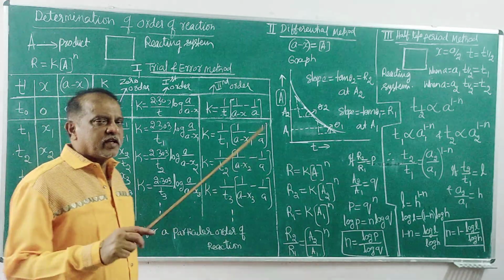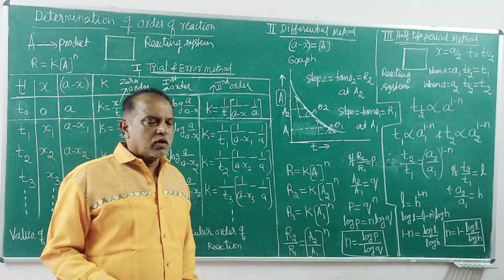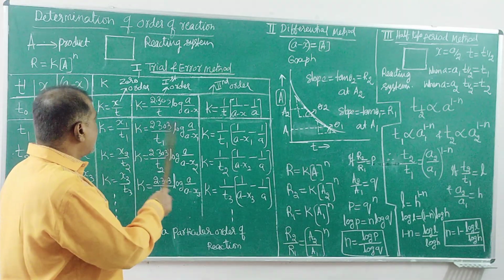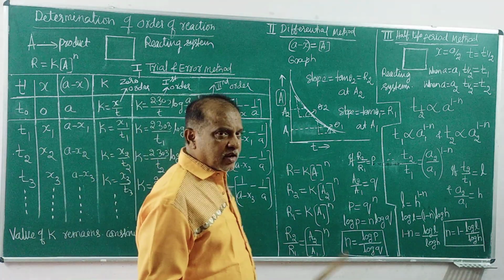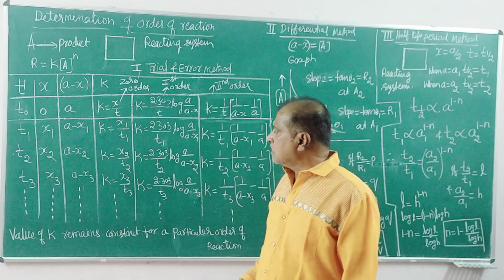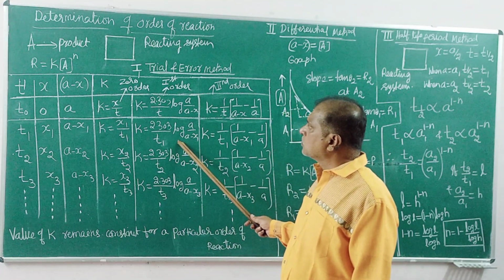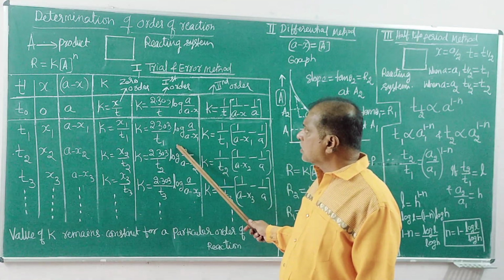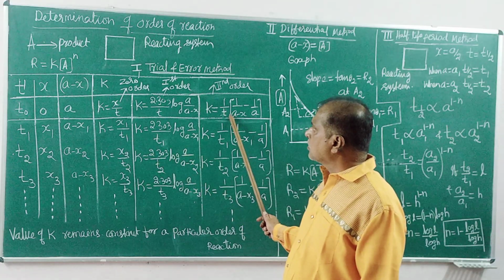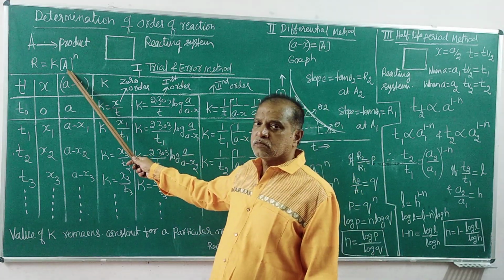It is a trial and error method. You have to take different equations, calculate and check, and find out which equation the reaction obeys.